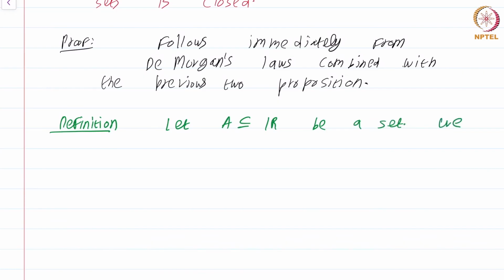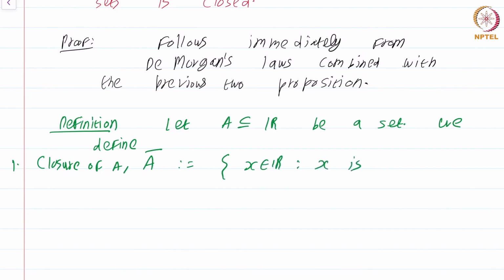We define A closure. This is A written with a bar on top. This is called closure of A. This is nothing but x in R such that x is adherent to A.